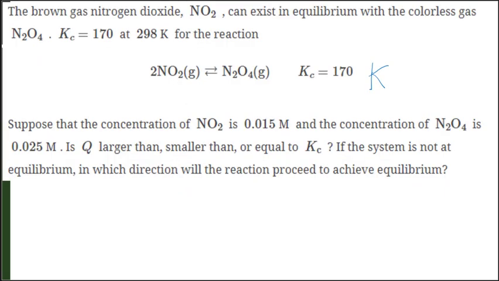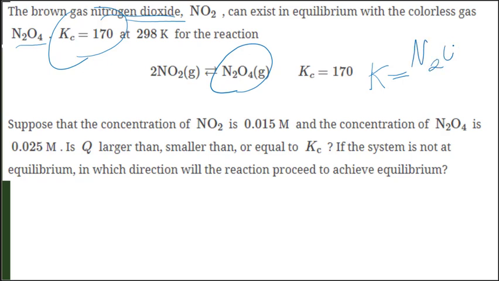Let's look at this example. We're looking at nitrogen dioxide, which can exist in equilibrium with N2O4, and we're given our K at equilibrium. First I'm going to write my K expression. Product, so I'm going to write N2O4 over reactants, NO2. NO2 would be squared.